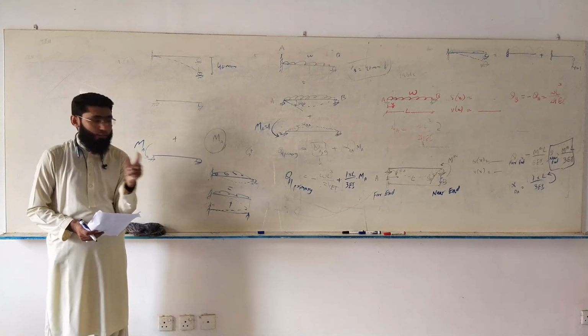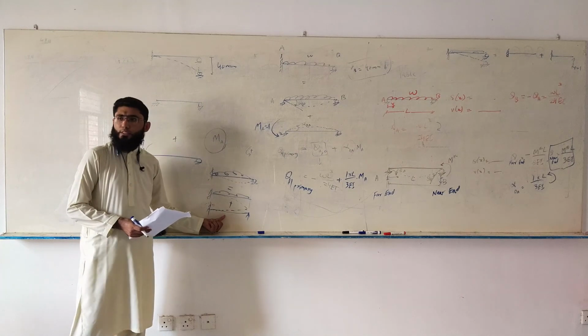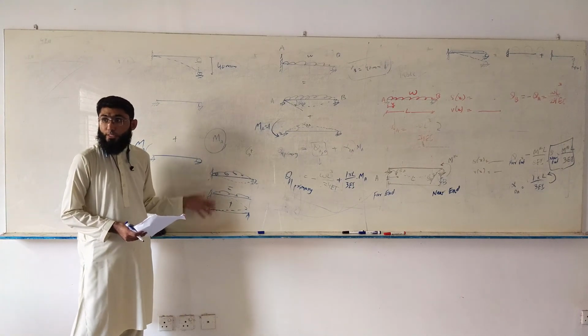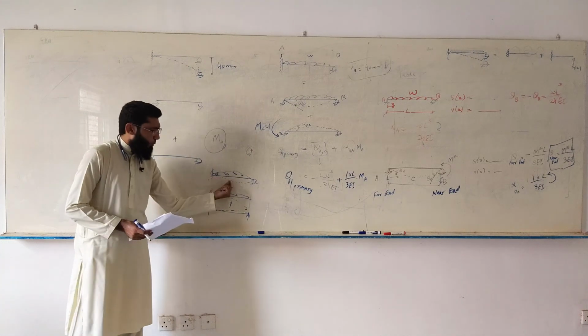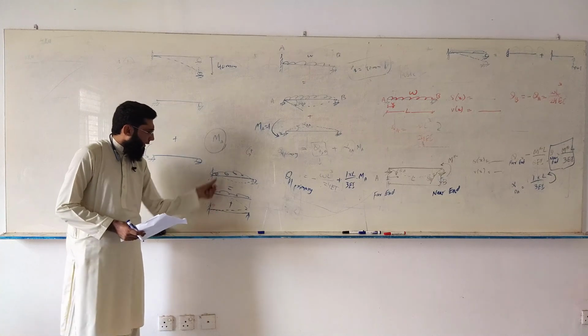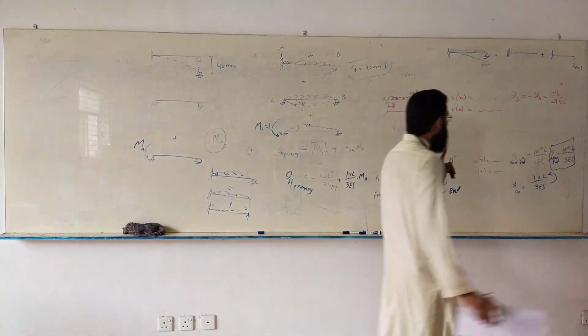At each point, this displacement is equal to this displacement plus this displacement. I'm not drawing anything to scale, so it may sound a bit odd to you, but this is what the principle is all about. This whole profile is equal to, so if you draw a line over here, this displacement is equal to this plus this. That's what the principle is.